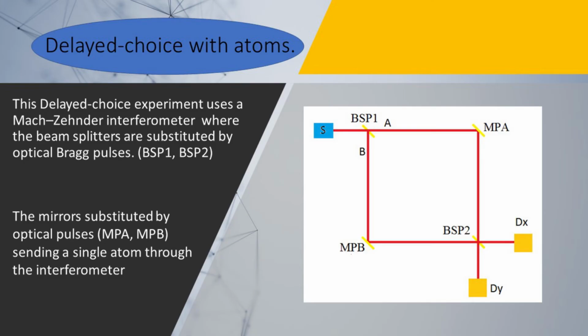This delayed choice experiment uses a Mach-Zehnder interferometer where the beam splitters are substituted by optical Bragg pulses, BSP1 and BSP2. The mirrors are substituted by optical pulses labeled MPA and MPB that send a single atom through the interferometer.